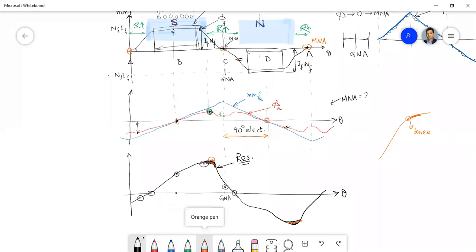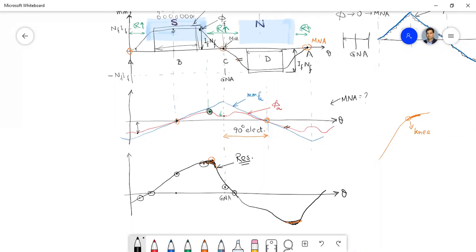Okay, so I am saying that here you have some distribution for the main field, and here you have some distribution due to the armature conductors which are carrying current. So when we are adding these two values, we are getting a very high flux density at this point.